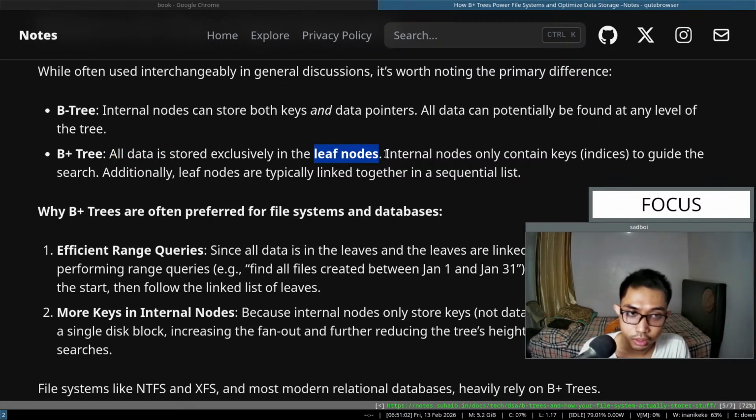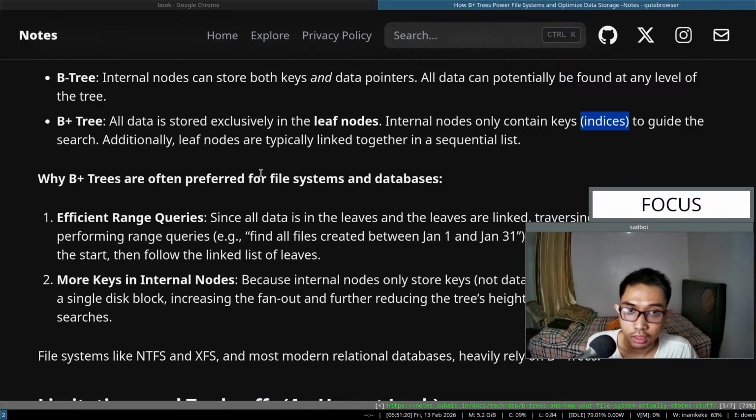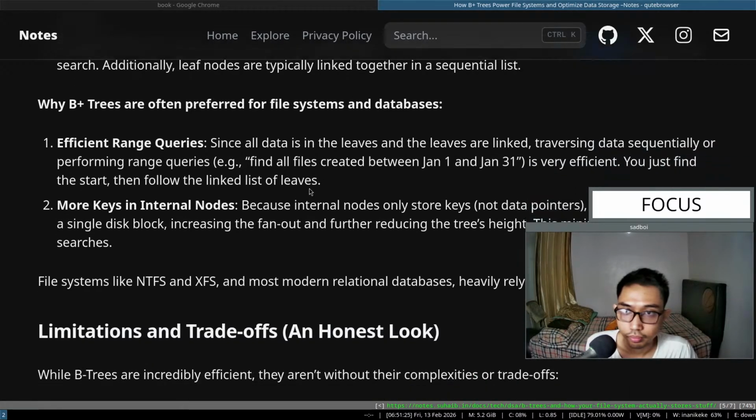Internal nodes only contain keys, which act as indices to guide the search. Additionally, leaf nodes are typically linked together in a sequential list.